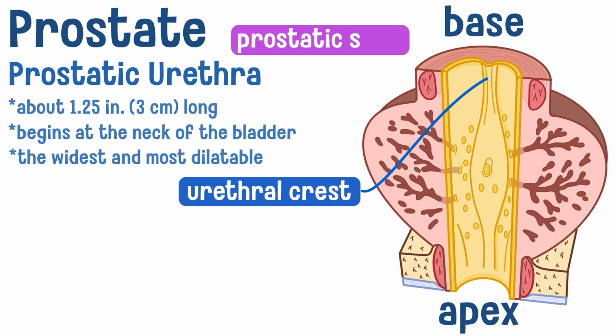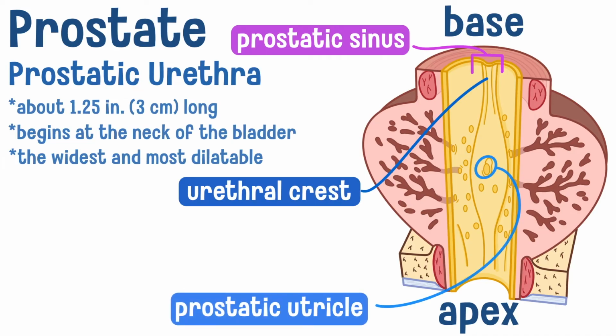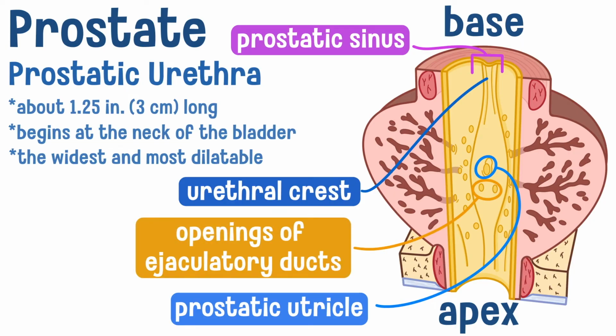A groove known as the prostatic sinus runs along each side of the crest, where the prostatic glands open. A small depression, the prostatic utricle, an analog of the uterus and vagina in females, lies on the summit of the urethral crest. The openings of the 2 ejaculatory ducts are located on each edge of the mouth of the utricle.